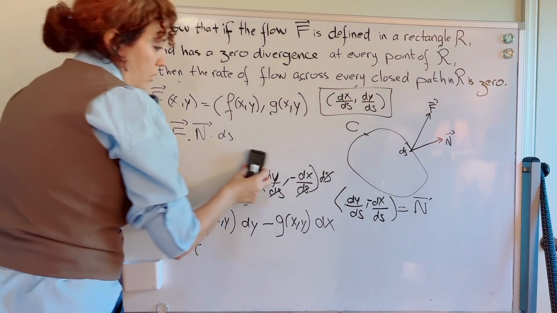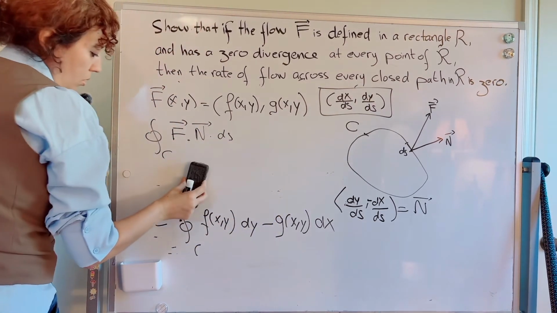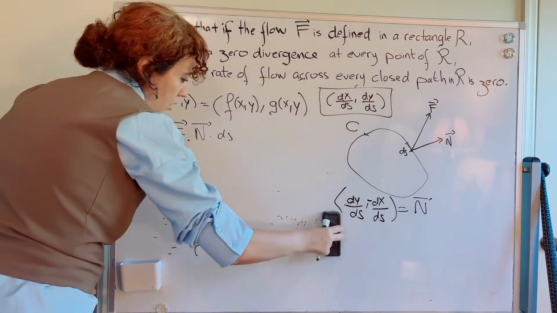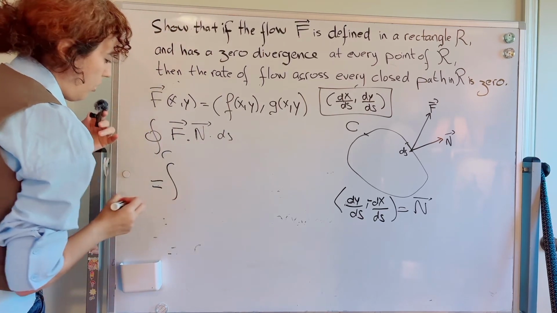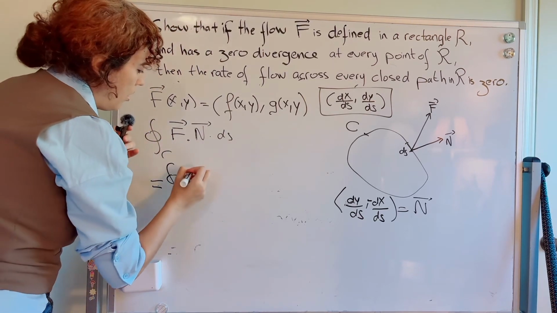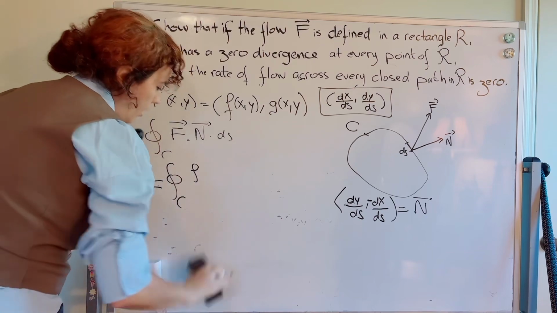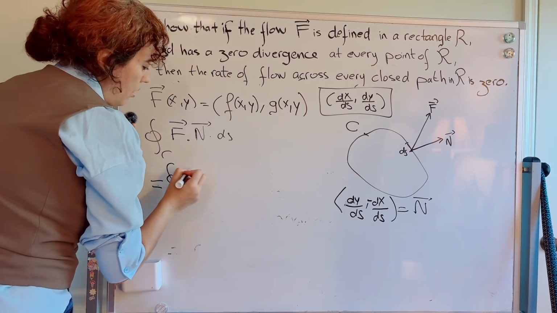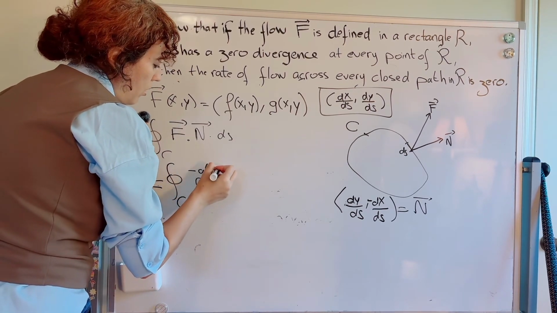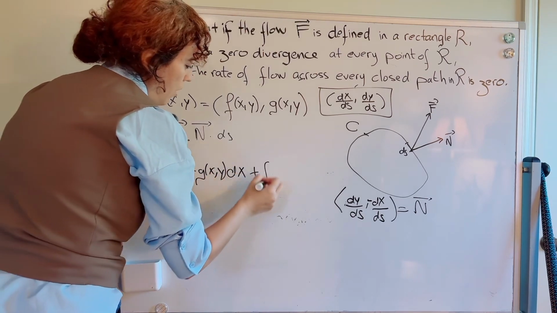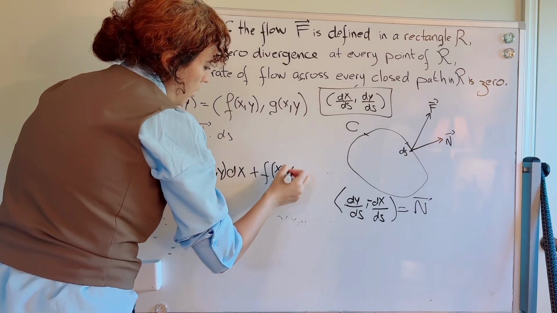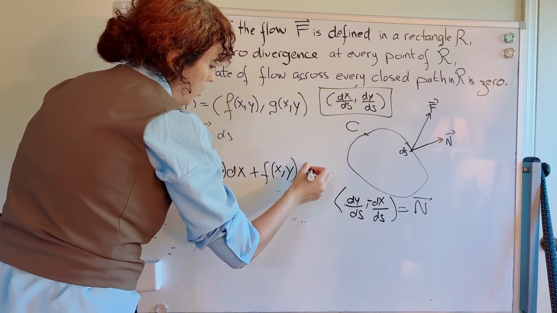So that's what we have at the end: the rate of flow is negative G(x,y) dx plus F(x,y) dy.